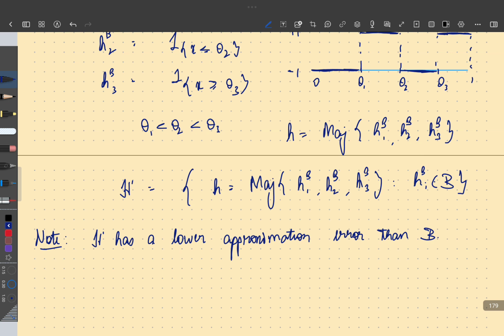But how do you train this? Because in the end, I can't just do empirical risk minimization over this class.